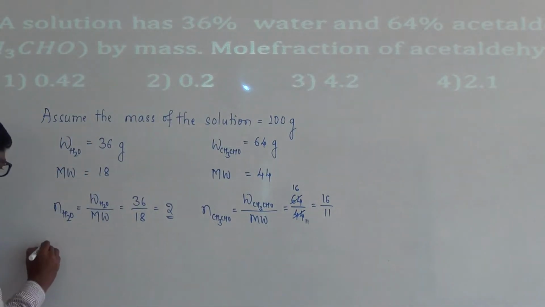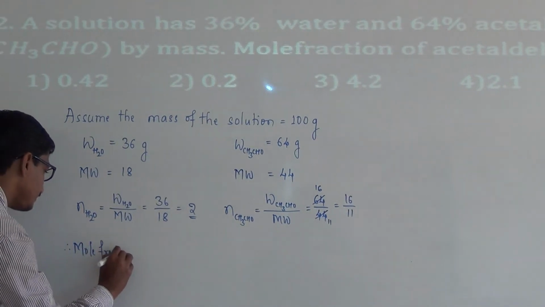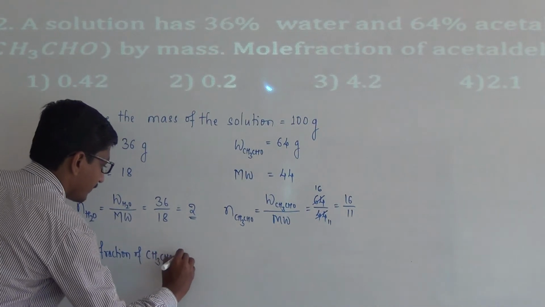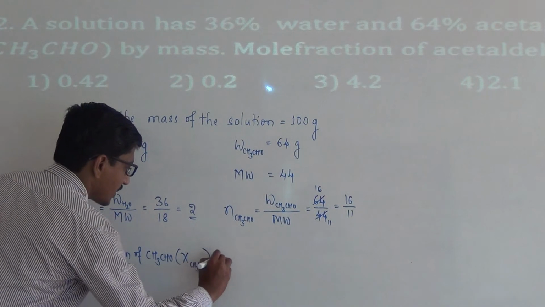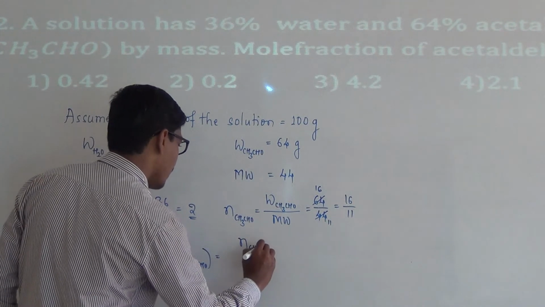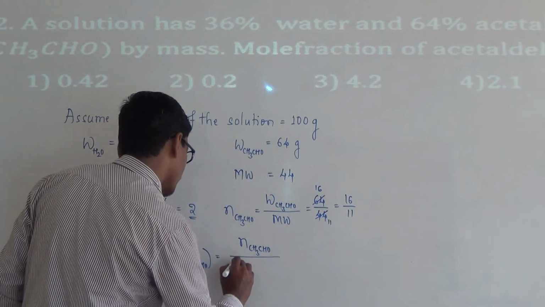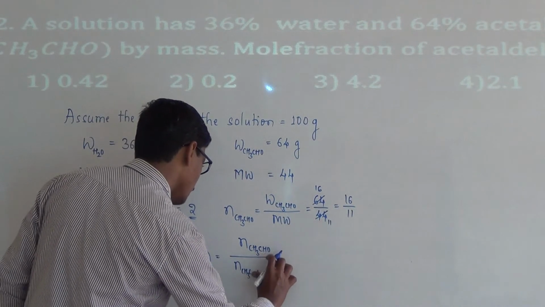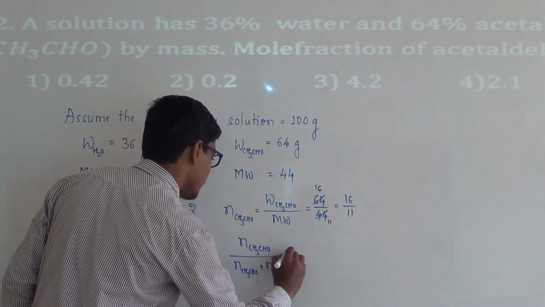Therefore, mole fraction of acetaldehyde, XCH3CHO, is equal to nCH3CHO, number of moles of acetaldehyde, by total number of moles of acetaldehyde and water, nCH3CHO plus nH2O.